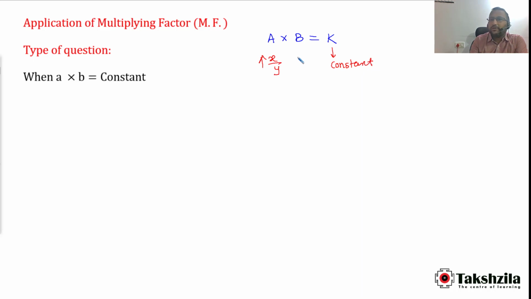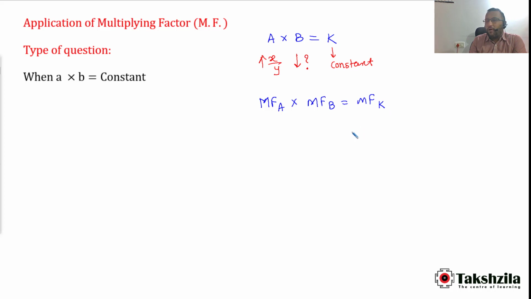So the value of b should decrease by how much fraction, that we need to find. So over here we know that, as we learned in the first video of this series, in the first application of multiplying factor, a into b is equal to k.